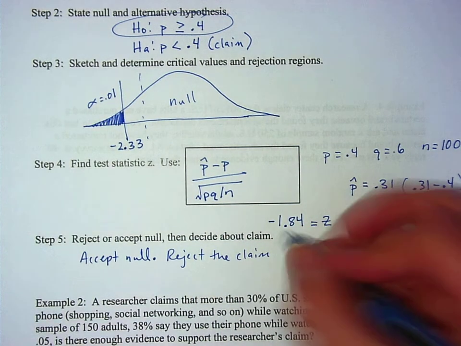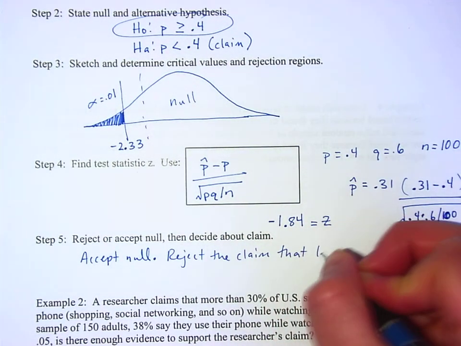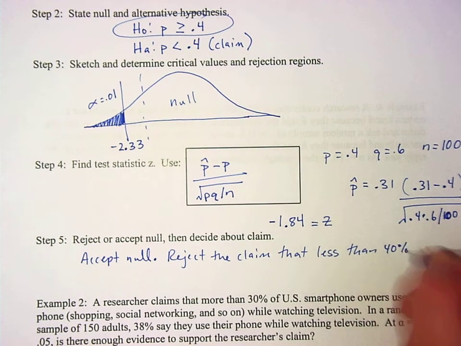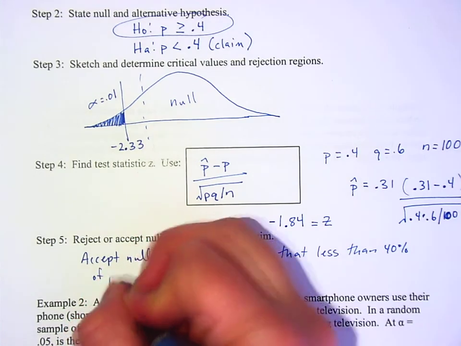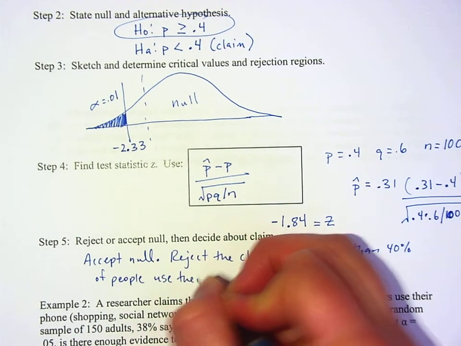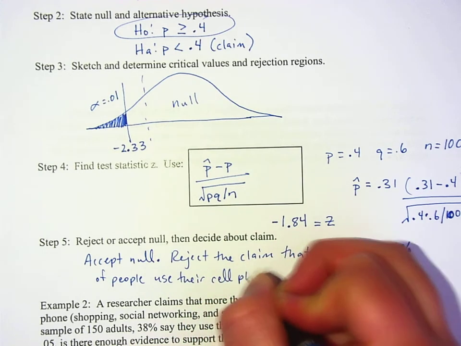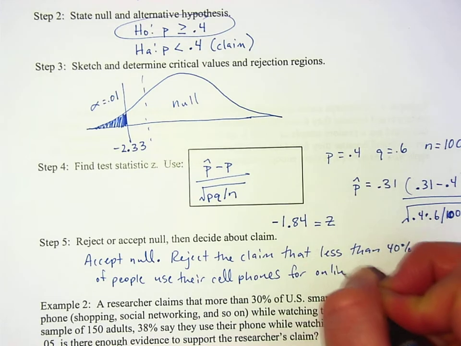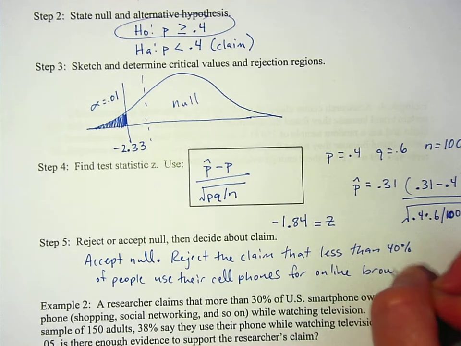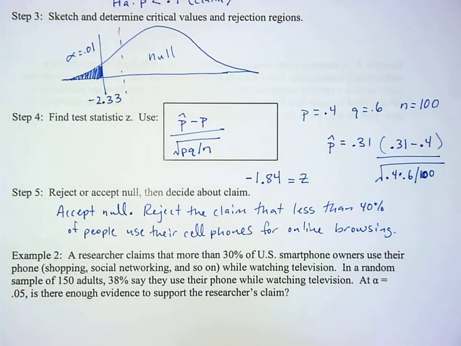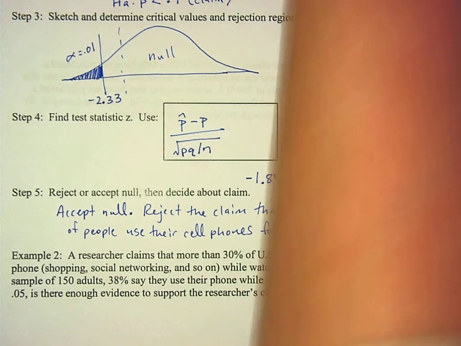So we're rejecting the claim that less than 40% of people use their cell phones for online browsing. It's almost exactly what you're going to do for your test today.